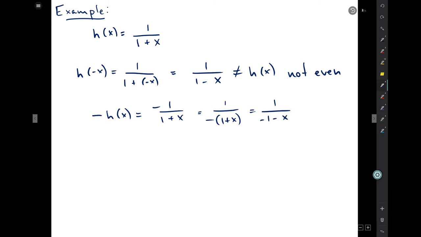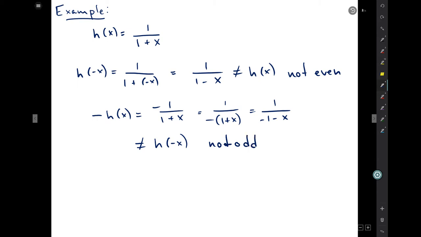So these are three different ways of writing negative h of x, and none of these are equal to h of negative x. I would need to have two negatives on the bottom. So this is not equal to h of minus x. So what I can conclude from this is that h of x is not odd either.